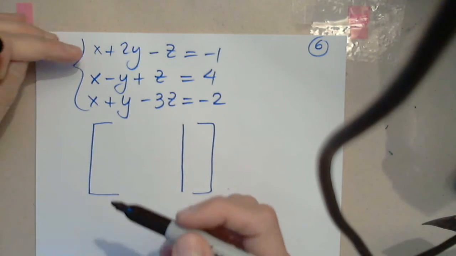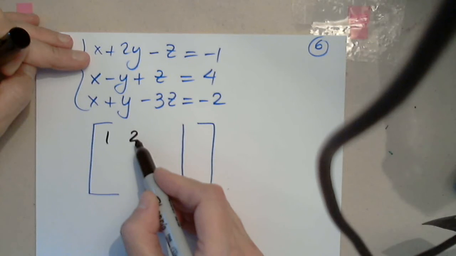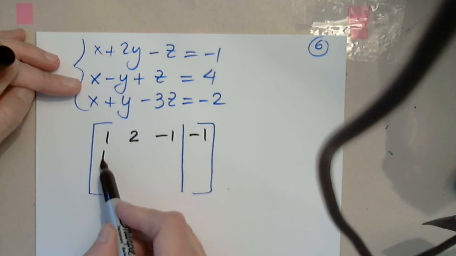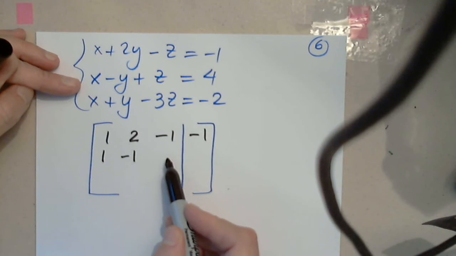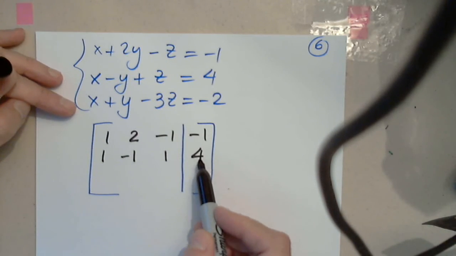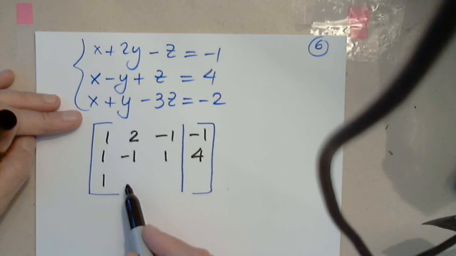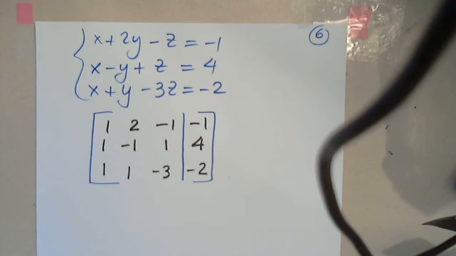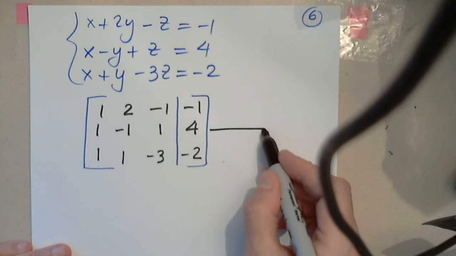So by row is going to be 1, 2, negative 1, negative 1. Awesome. Then 1, negative 1, 1, 4. Excellent. And then 1, 1, negative 3, negative 2. That's it.